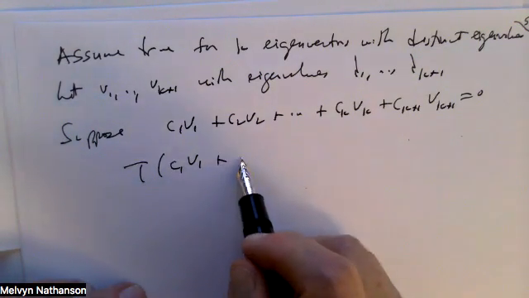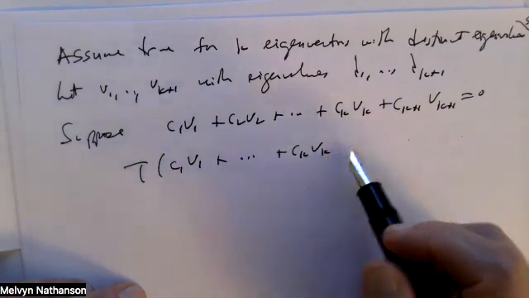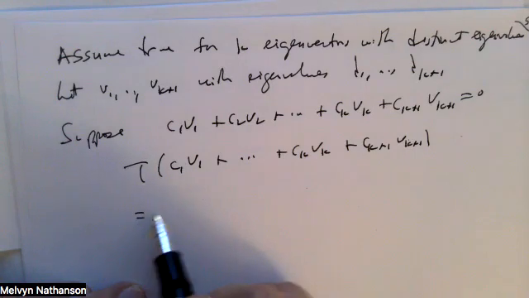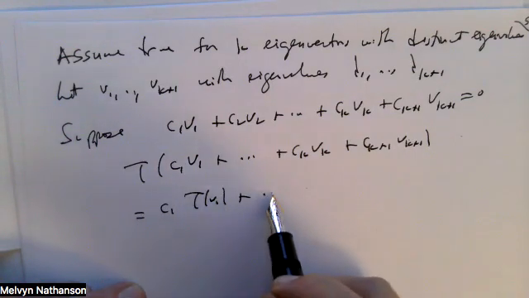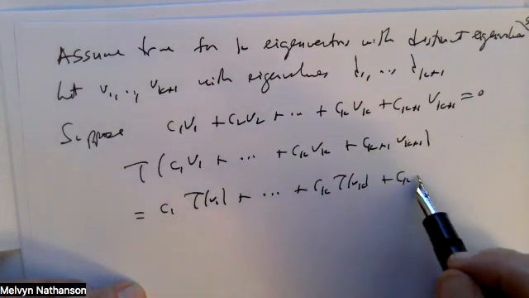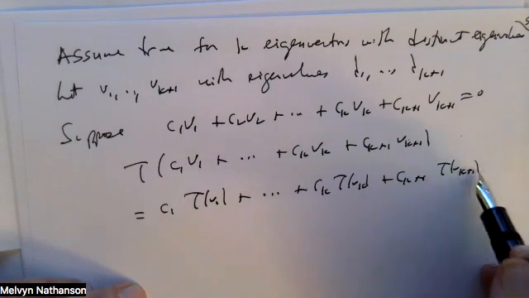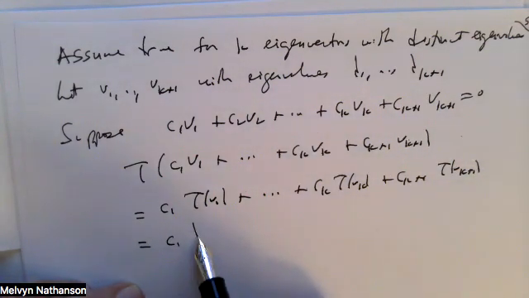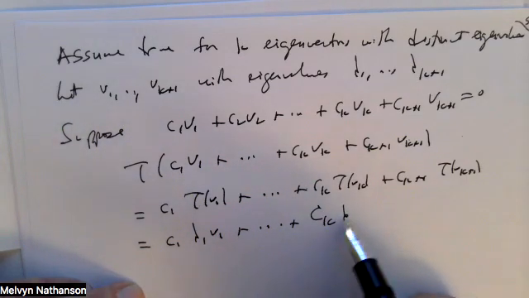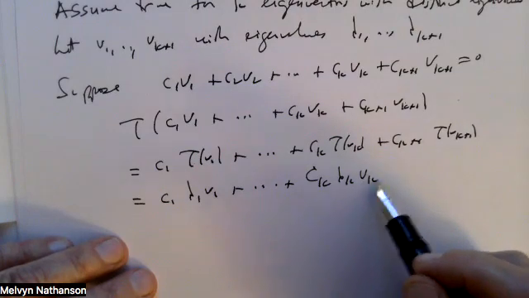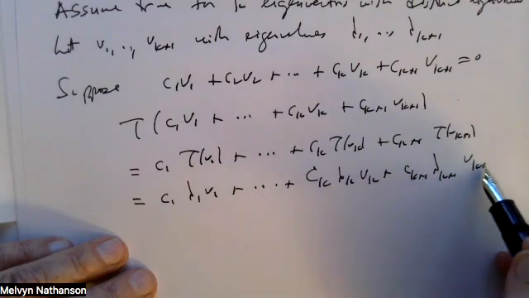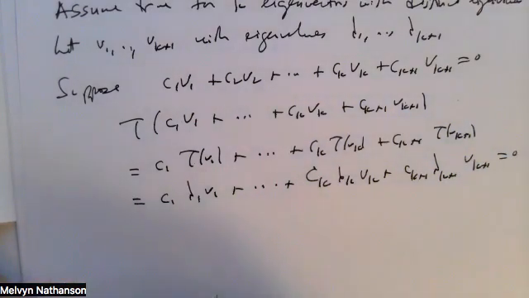Then T of this linear combination, which is c1 T of v1, ck T of vk, ck plus 1 T of vk plus 1, which is c1 lambda 1 v1, ck lambda k vk, ck plus 1 lambda k plus 1 vk plus 1, that's equal to 0.